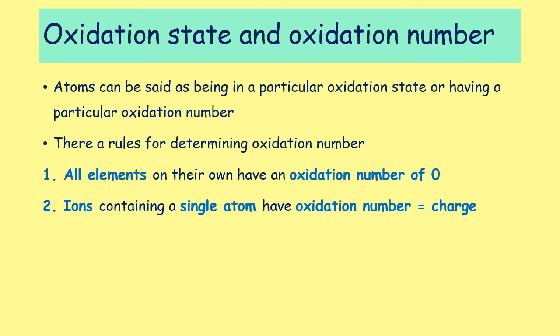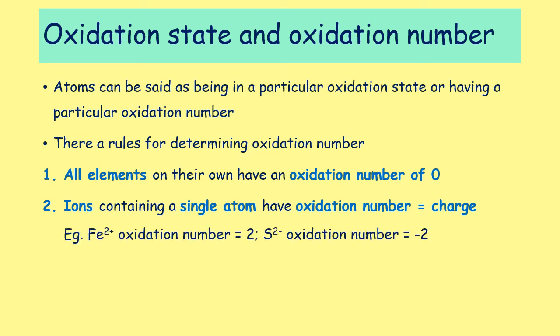So an oxygen atom has a charge as an oxide ion of 2-, and its oxidation number would be -2. So be aware whenever we're describing oxidation number, we put the sign before the number, but when we're describing charge, we put the number before the sign. So there we just have examples. An Fe2+ ion has an oxidation number of +2, and the sulfide ion S2- has an oxidation number of -2.